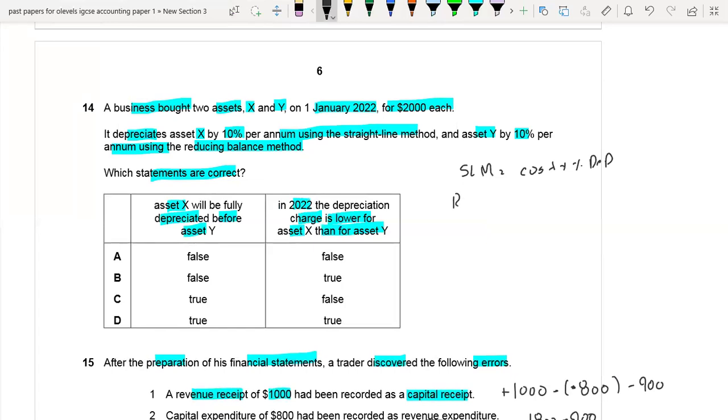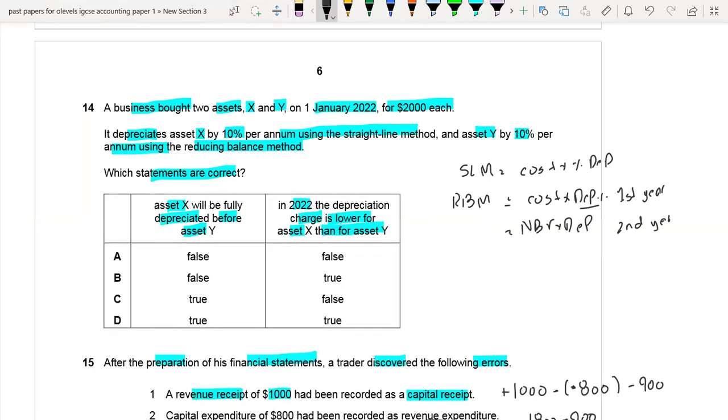And in the RBM, in the initial year, it means in the first year, we apply the rate on the cost. But this is only for the first year of the asset. For example, if this is the second year, we have to apply the depreciation rate on the net book value of the asset.